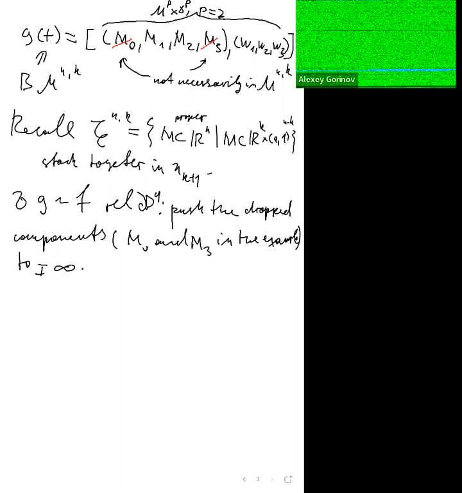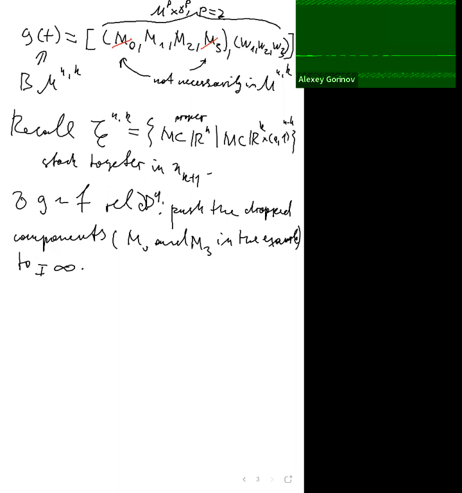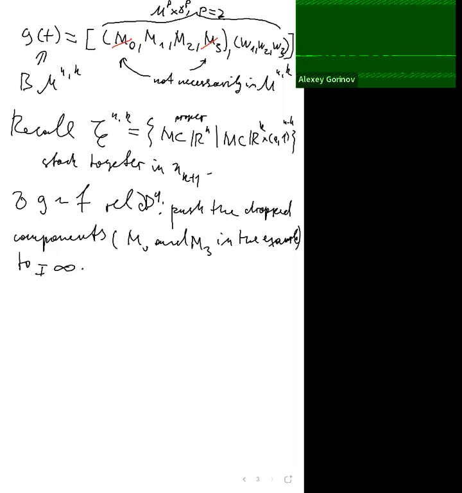This was the surjective part, and the injective part is essentially the same.